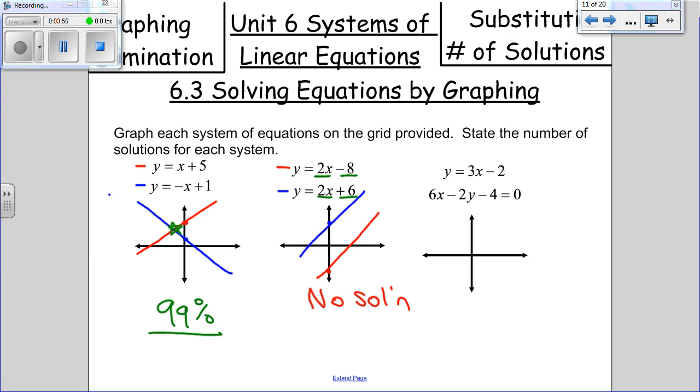The third situation that you'll need to know is this one. We can't rough estimate this yet because this equation is not in slope-intercept form. So we're going to rearrange it to get it in slope-intercept form. We're going to add 2y to both sides.